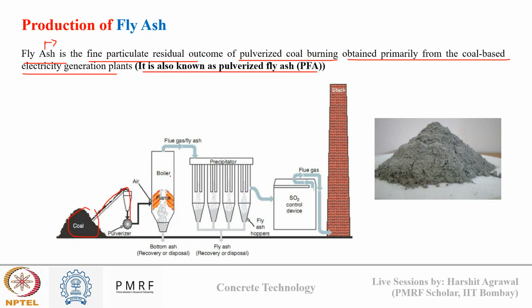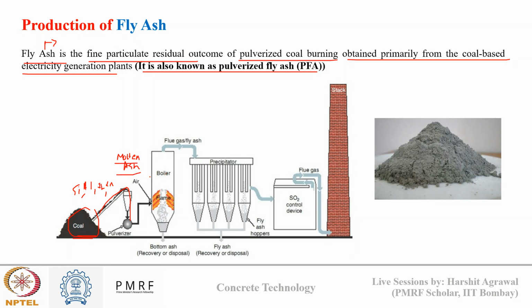Now, during combustion of coal, the inorganic minerals present in coal, like silica, alumina, iron, and calcium, do not burn completely and instead convert into molten ash. So instead of burning completely, they convert into ash, which is very lightweight in nature.